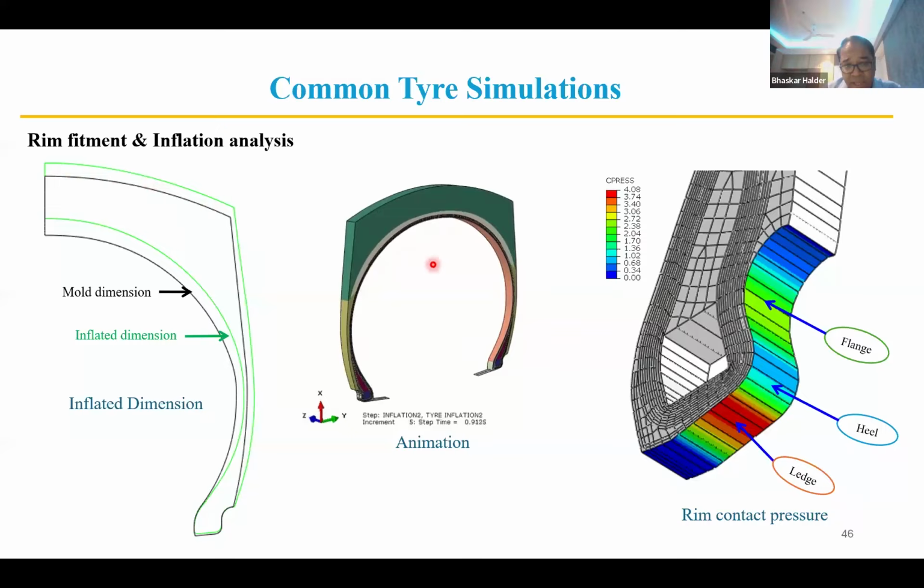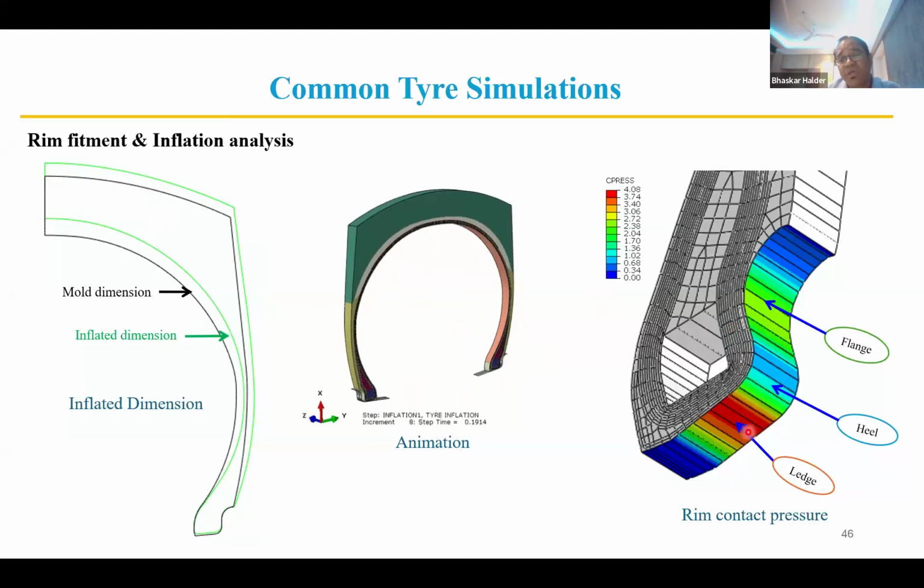Now the animation shows how the rim is fitted into the tires. If you see, previously there was no way to check what the stress value at the rim contact is, because as you know the rim is anchoring the tire. So there should be some interference between the rim and the tires. This is called the bead area.